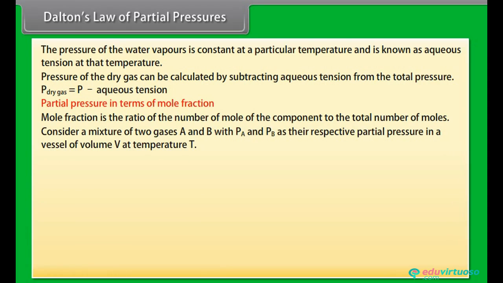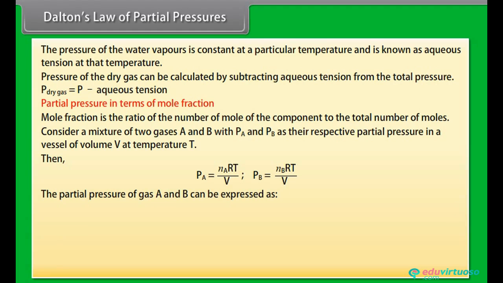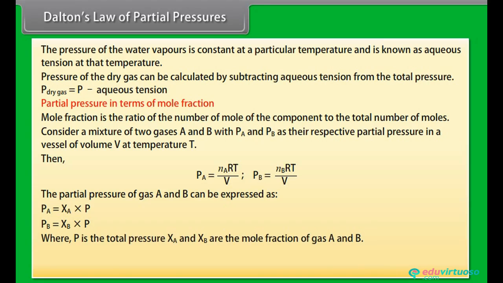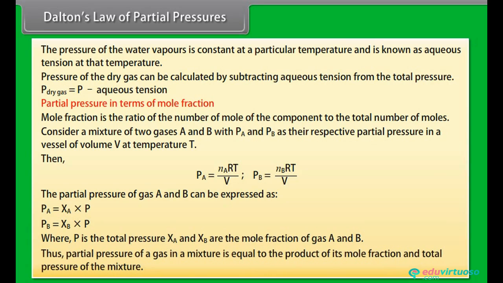Consider a mixture of two gases A and B with PA and PB as their respective partial pressures in a vessel of volume V at temperature T. Then PA is equal to NA RT by V, and PB is equal to NB RT by V. The partial pressures of gases A and B can be expressed as PA is equal to XA into P, and PB is equal to XB into P, where P is the total pressure, and XA and XB are the mole fractions of gases A and B. Thus, the partial pressure of a gas in a mixture is equal to the product of its mole fraction and the total pressure of the mixture.